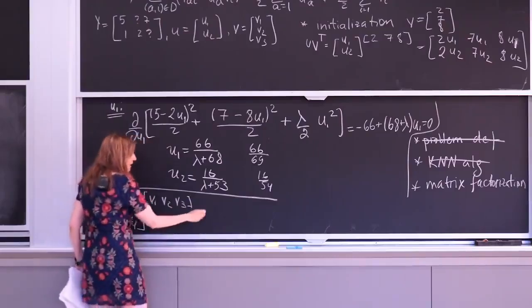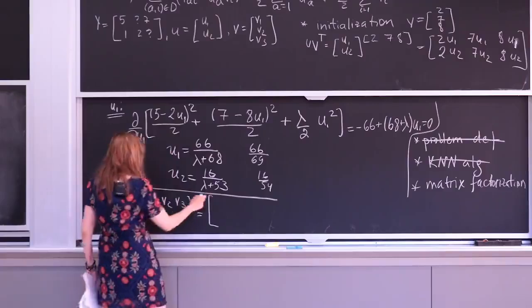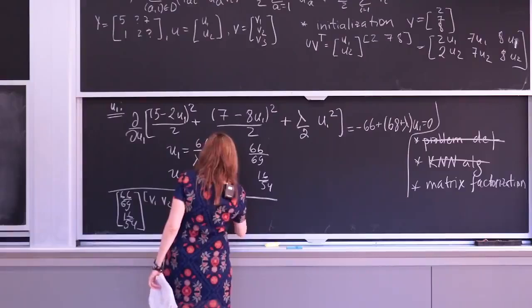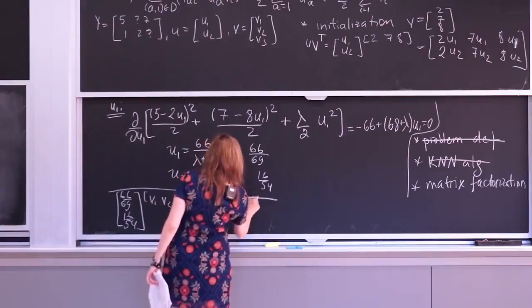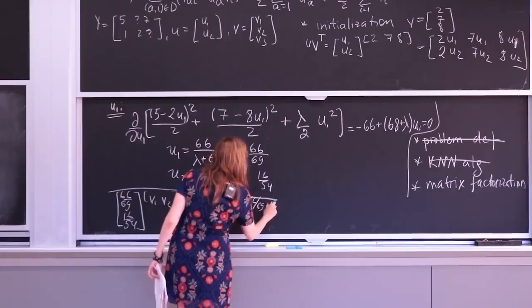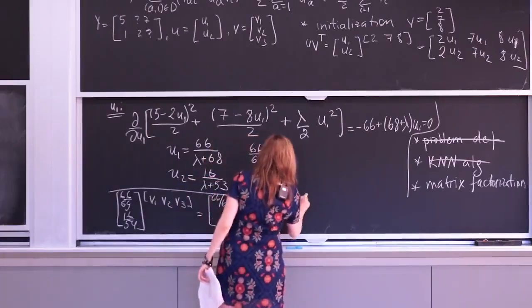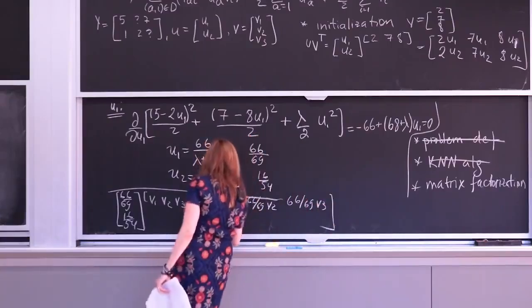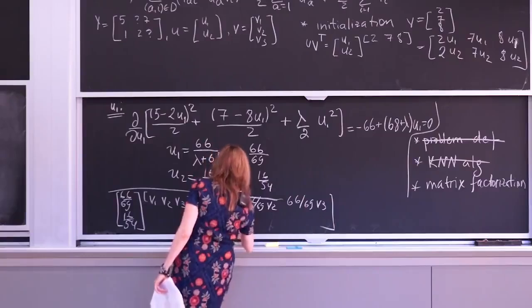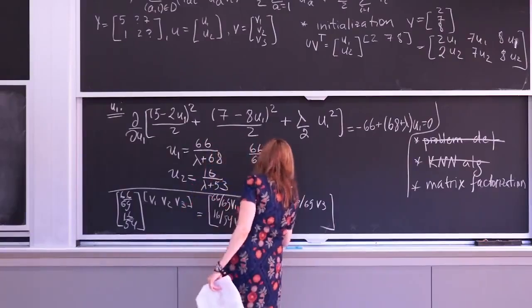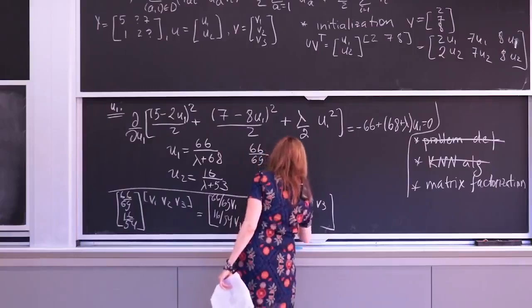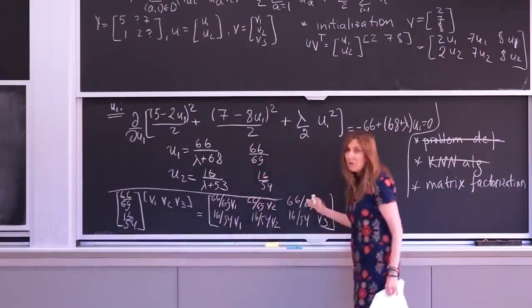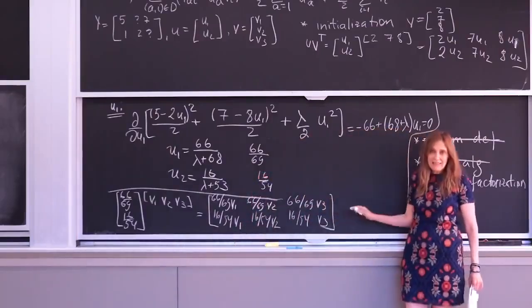If we do this multiplication, we will get a new estimation of our matrix: 66 divided by 69 times V1, V2, V3, and similarly 16 divided by 54 times V1, V2, and V3. So now we have a new estimate of our matrix X.